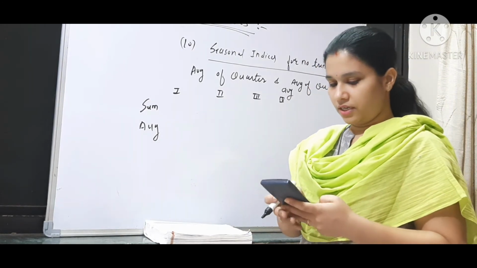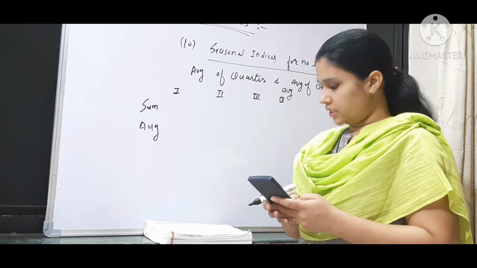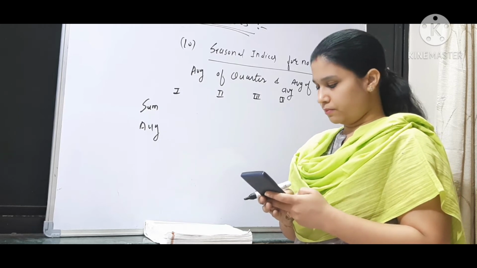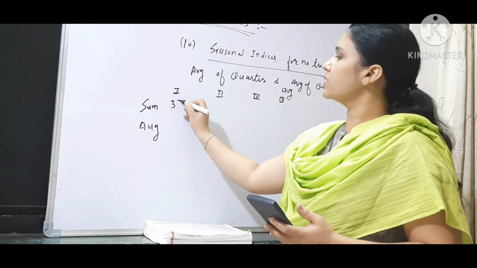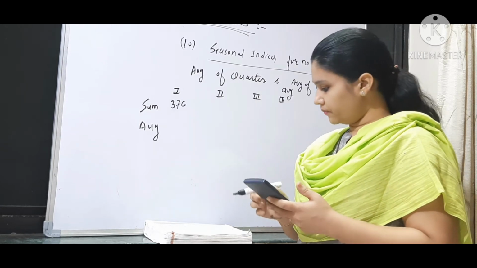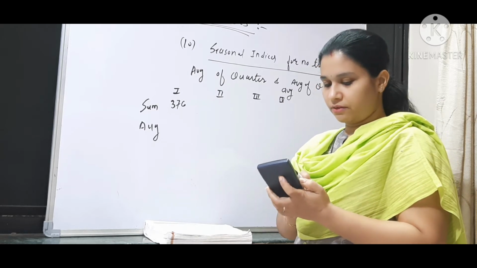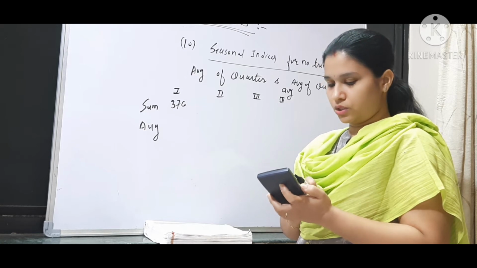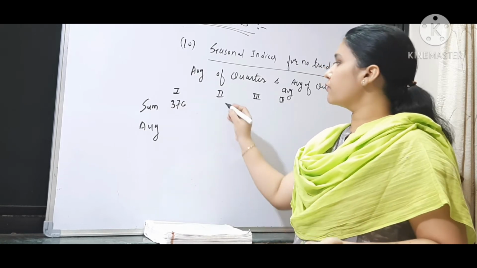We'll write the values 78 plus 76 plus 72 plus 74 plus 76. The sum is 376. Next sum: 66 plus 74 plus 68 plus 70 plus 74, 352.